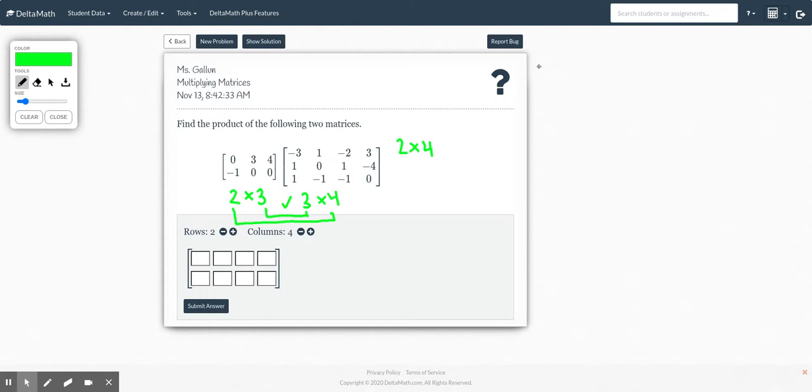I'm going to have my non-negotiable work matrix over here. I don't know why that's so large. And I'm going to be multiplying rows by columns. So I'm going to take the first row, first column. That's going to give me 0 plus 3 plus 4.